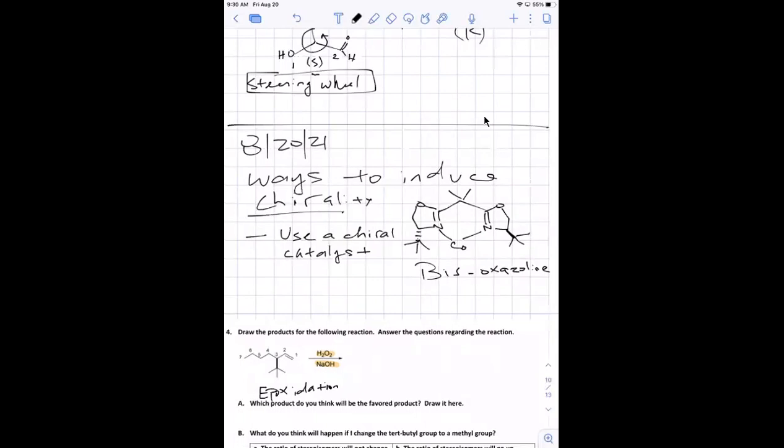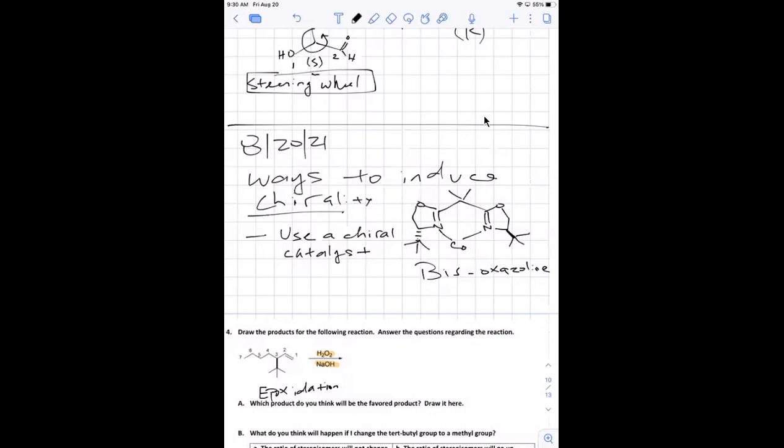Then when the reactants bind to the ligand, they can only bond a certain way. So the ligand creates a bifurcation where you have one pathway that's lower in energy than the other, and the low energy pathway usually predominates, and that's the product that you get the most of.